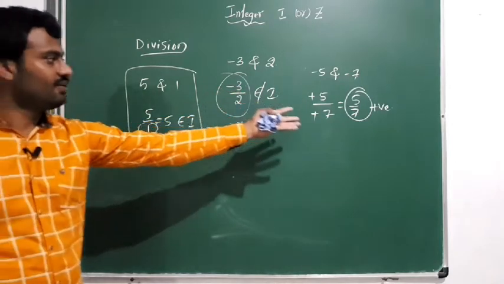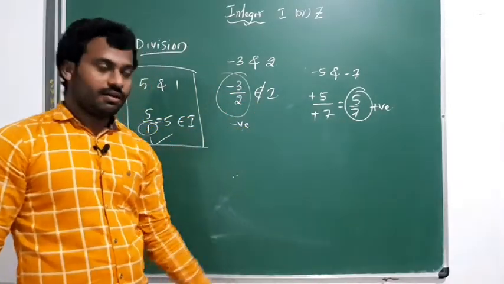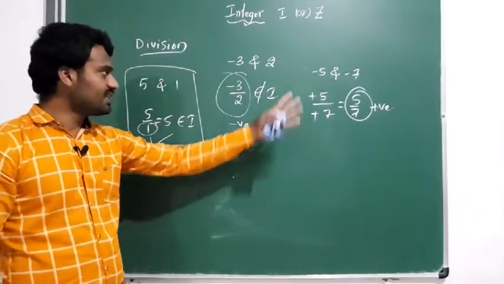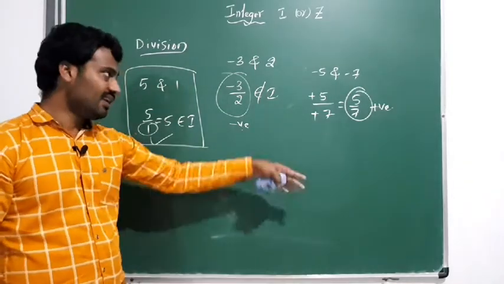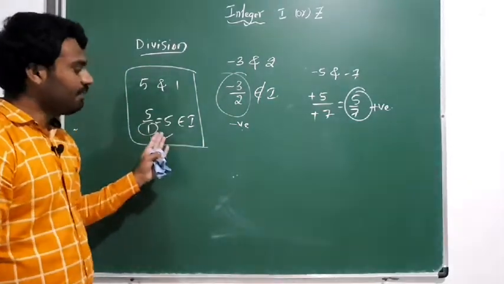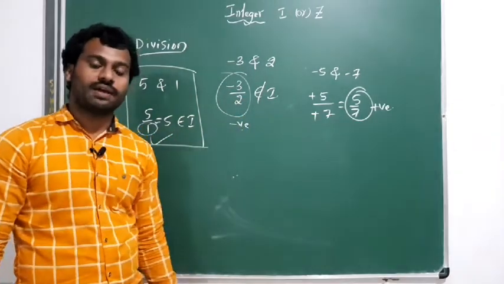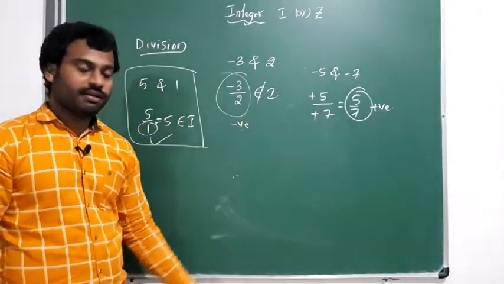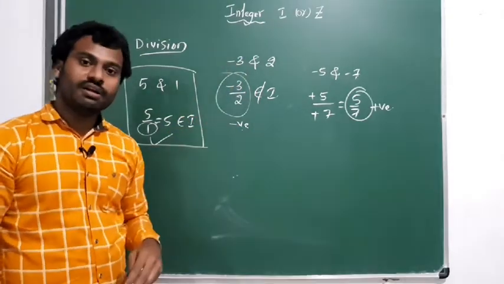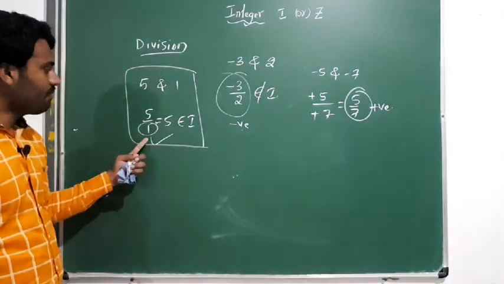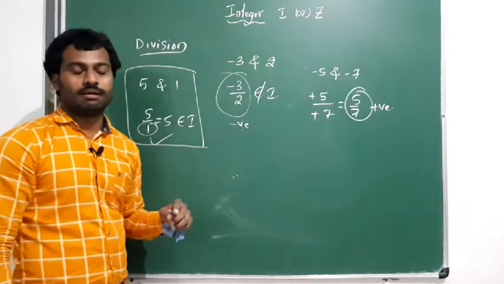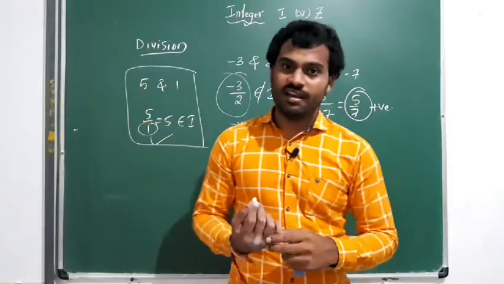Other than 1, see all these cases. If it is satisfying, it has to satisfy for every number. In general, it has to satisfy, not for any particular values. Clear or not? Then only we can say the division belongs to integers. Not for any one or two examples. Clear?